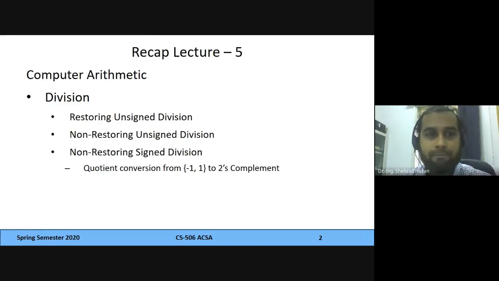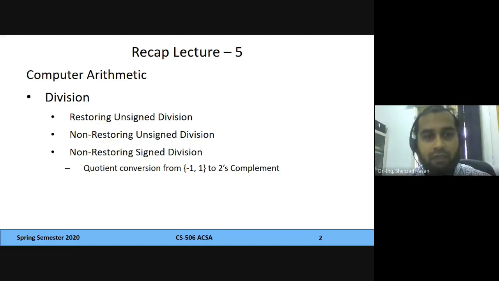All the division operation started from the last class where we introduced the restoring unsigned division initially. This algorithm is about, if you go wrong in your trial subtraction, then you restore that result to its previous value.